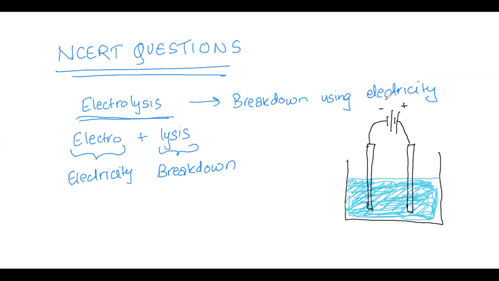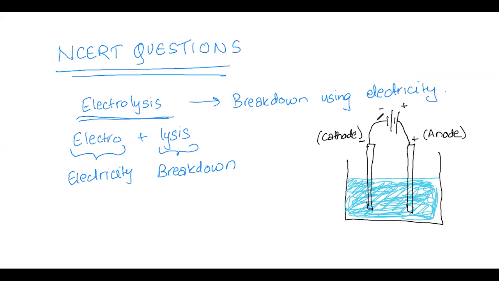Now this is the positive terminal, therefore this rod will be positive, and this is the negative terminal, so this rod will be negative. Now the positive rod is known as anode. Yes, I will explain oxidation also, but let's first focus on this, and the negative one is cathode. So this is the setup that we use for electrolysis.